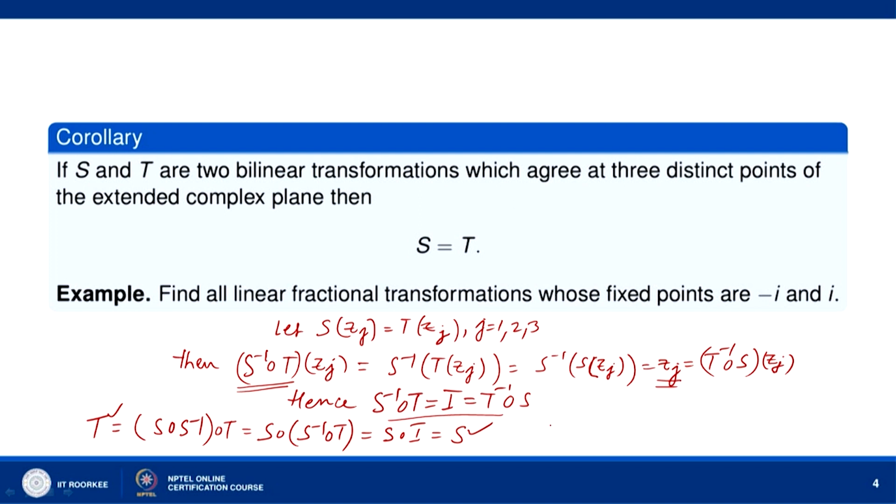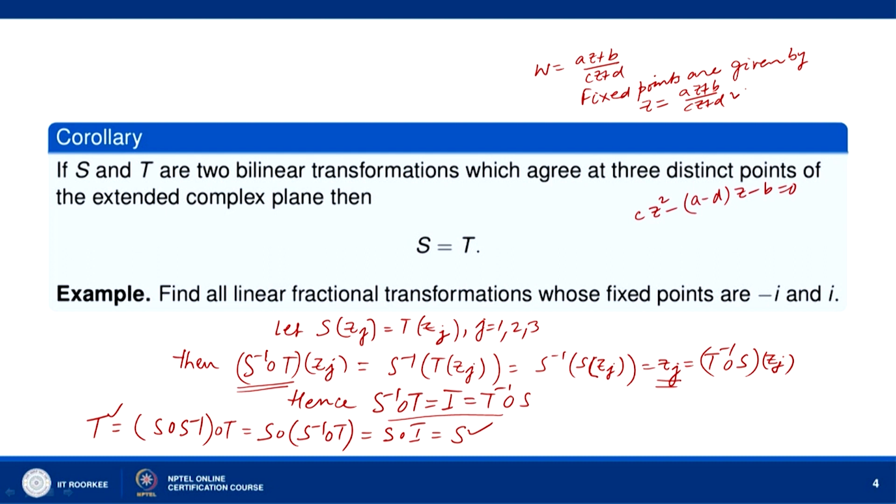We have seen that if w equals f(z) equals (az plus b) over (cz plus d), then the fixed points of this transformation are given by z equal to (az plus b) over (cz plus d), which gives you cz square minus (a minus d) z minus b equal to 0. This equation gives us the fixed points.